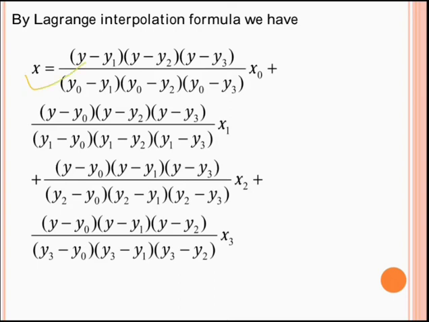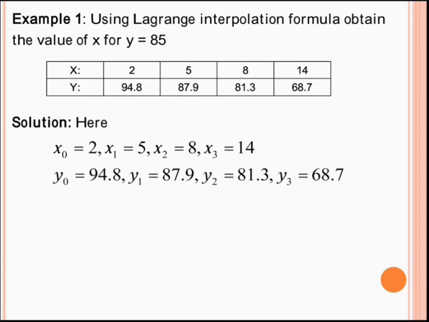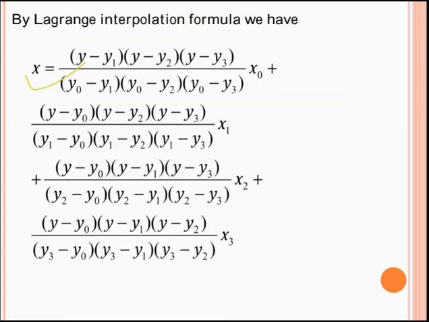Now here I am already given all the values x0, x1, x2 and x3, and y0, y1, y2 and y3. I will just write the Lagrange formula up to y3, and I have to find the value of x.